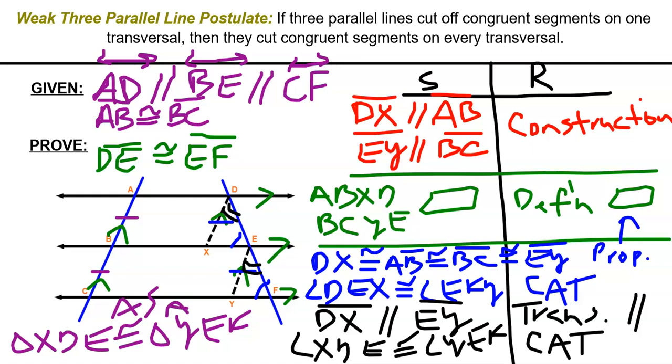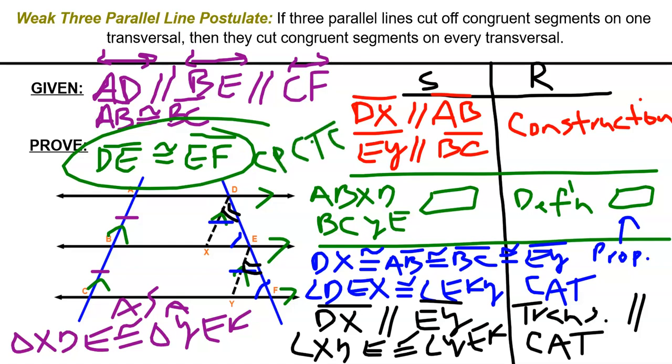And then finally, because we have congruent triangles, we can say that DE is congruent to EF. All because of the most useful property of congruent triangles, and that is CPCTC. So that is the proof of what we call the weak 3 parallel line postulate. That is, if we have 3 parallel lines that cut congruent segments on one transversal, they must cut congruent segments on every transversal.